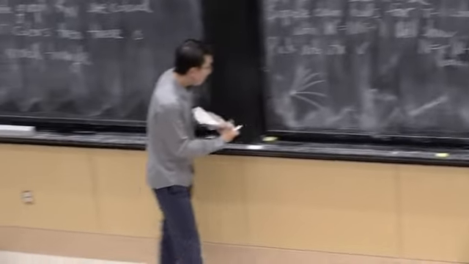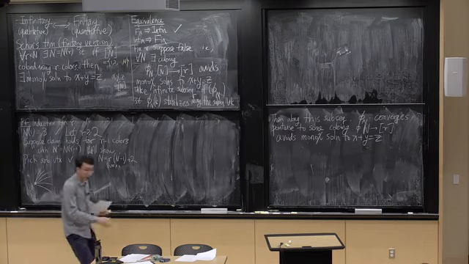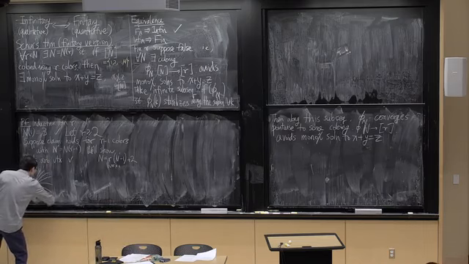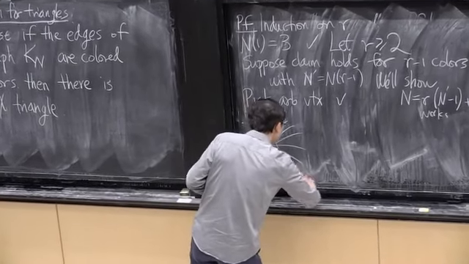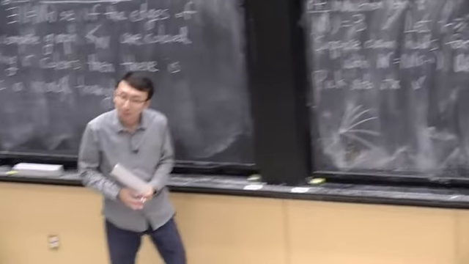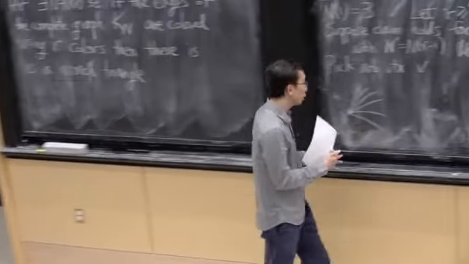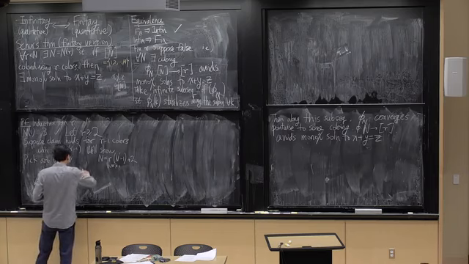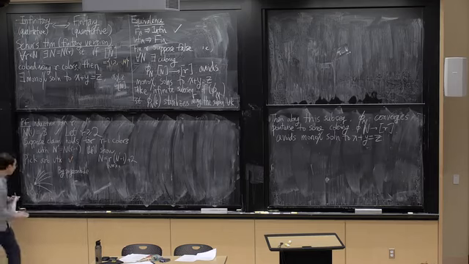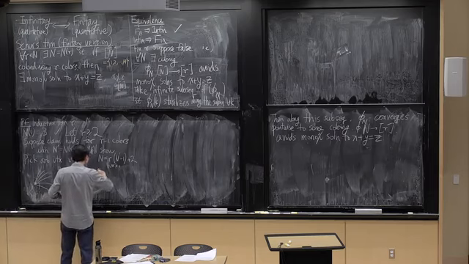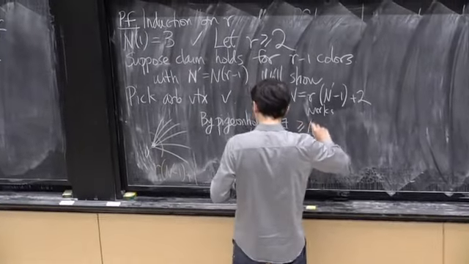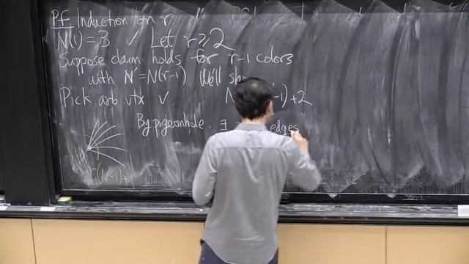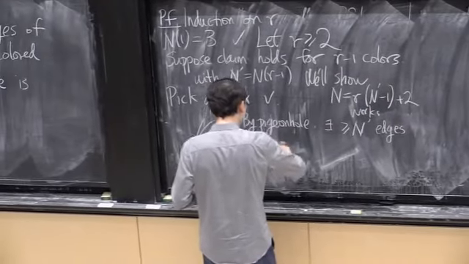So now we have a lot of outgoing edges. And in particular, we have R times (M prime minus 1) plus 1 outgoing edges. So by the pigeonhole principle, there exists some color with at least M prime outgoing edges with the same color.